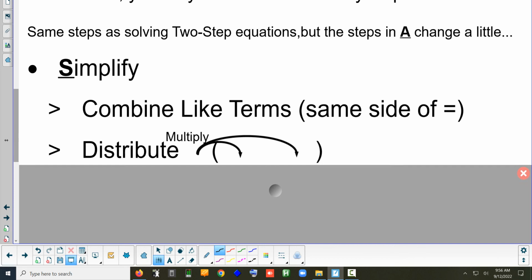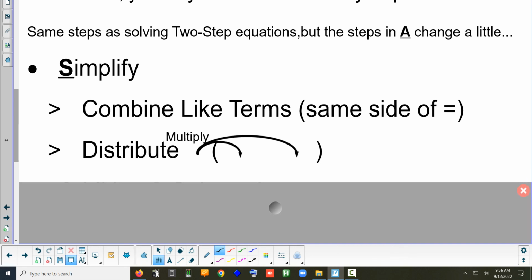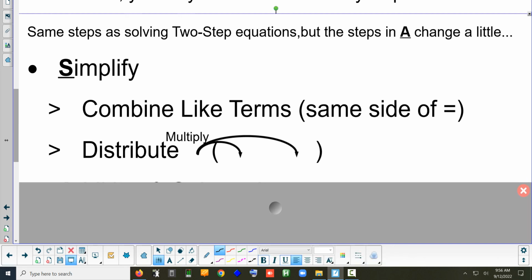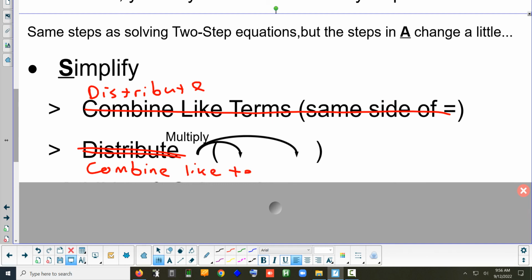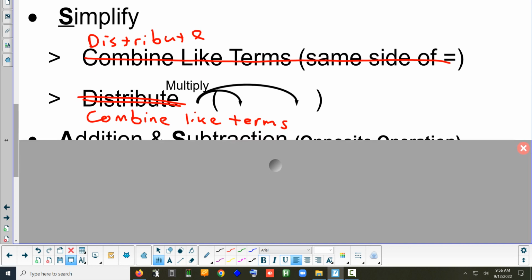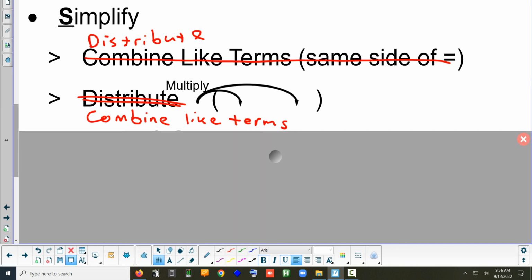So the first thing we do is, let me just fix the order on those. First thing we do is distribute. So that should say distribute. And then the next thing is combine like terms. Right, so those are the first 2.